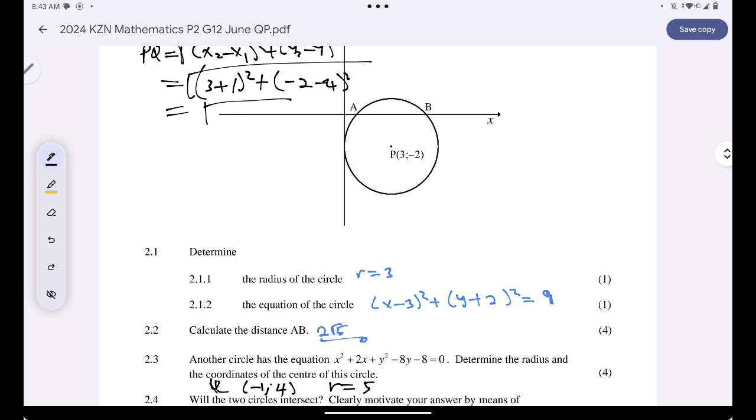I'll have the square root of 4 squared, which is 16, plus 36. What is 36 plus 16?